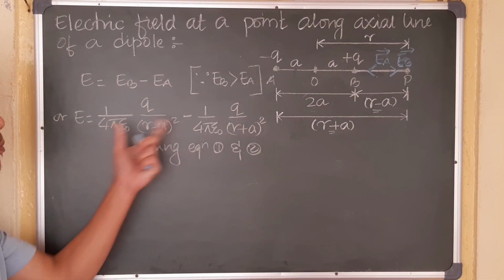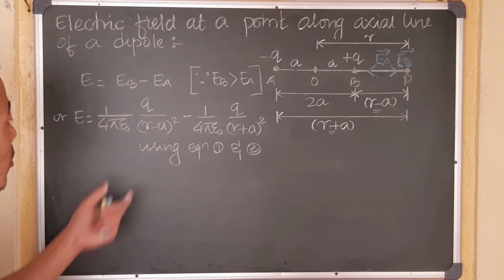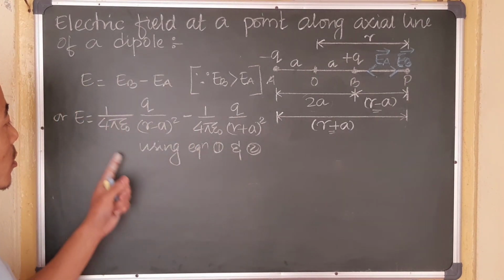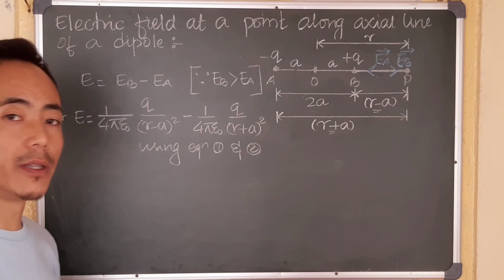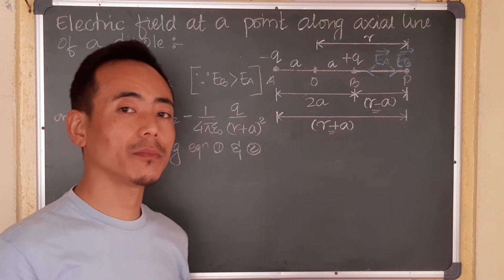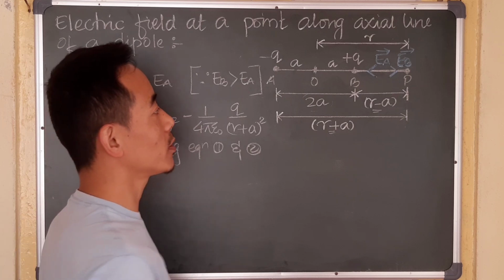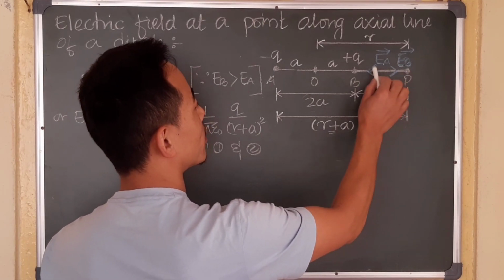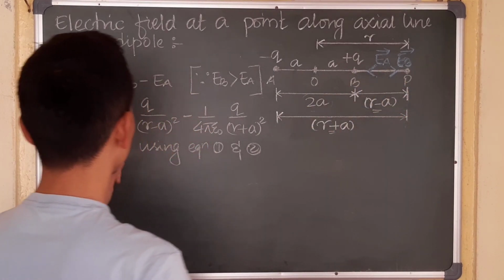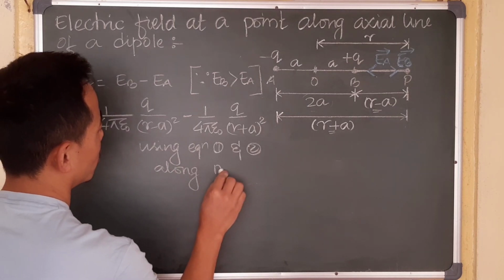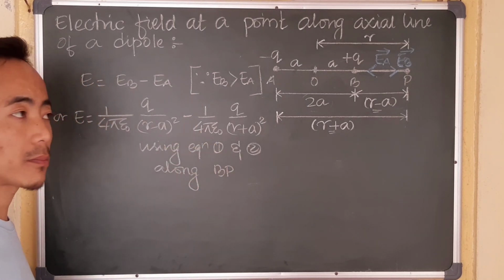Now we will simplify this equation, and also mention the direction of the net electric field. The direction will be along the greater value, and since EB is greater than EA, the net electric field will also be along BP.